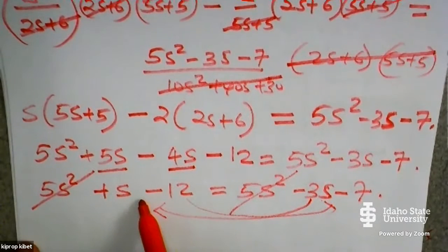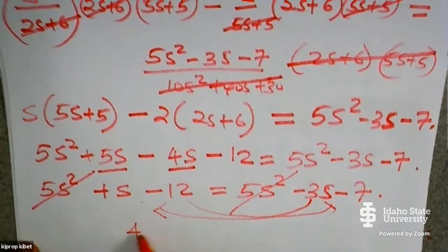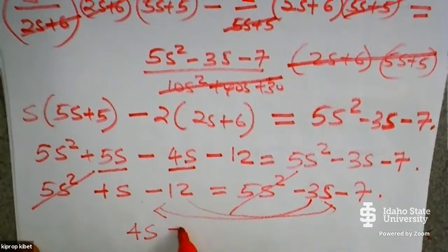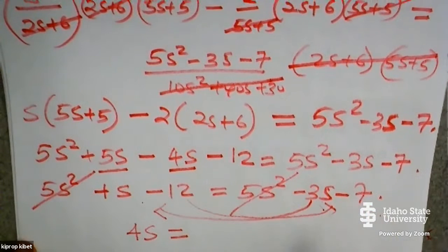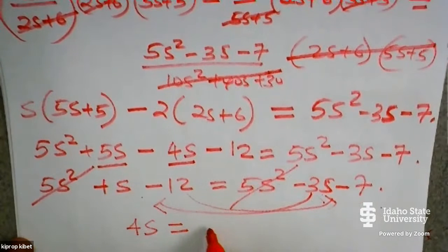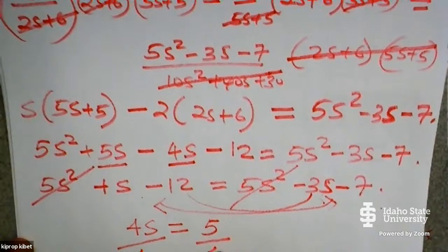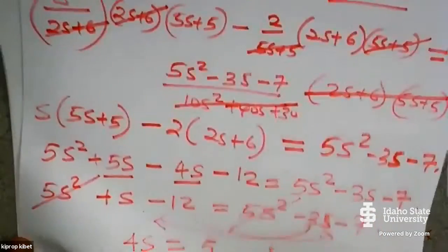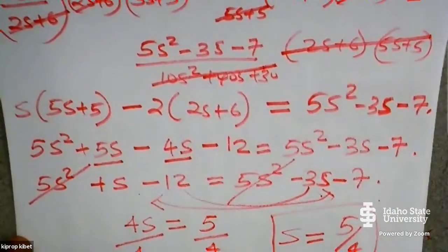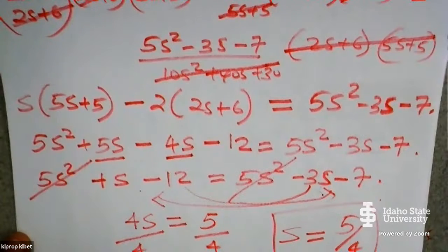So when you bring the 3s here, you get 4s equals, when you take 12 to the other side, minus 7 plus 12, which is 5. So our s equals 5 all over 4.